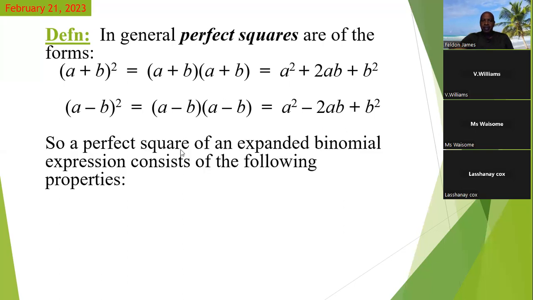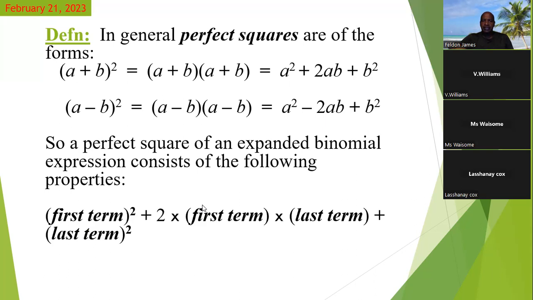All right, so a perfect square of an expanded binomial expression consists of the following properties. The first term is a square term. And as we know, the first term in the binomial would become the first term squared in the expanded form. And we look at the middle term, we see that it is 2 times the first term times the last term.